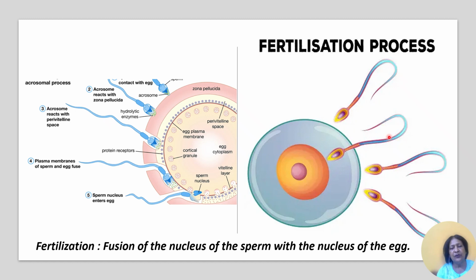This is possible because during its journey, the sperms usually die out due to the acidic secretion of the vagina, and also many of them lose their tail, which helps them to swim and reach higher in the fallopian tube.